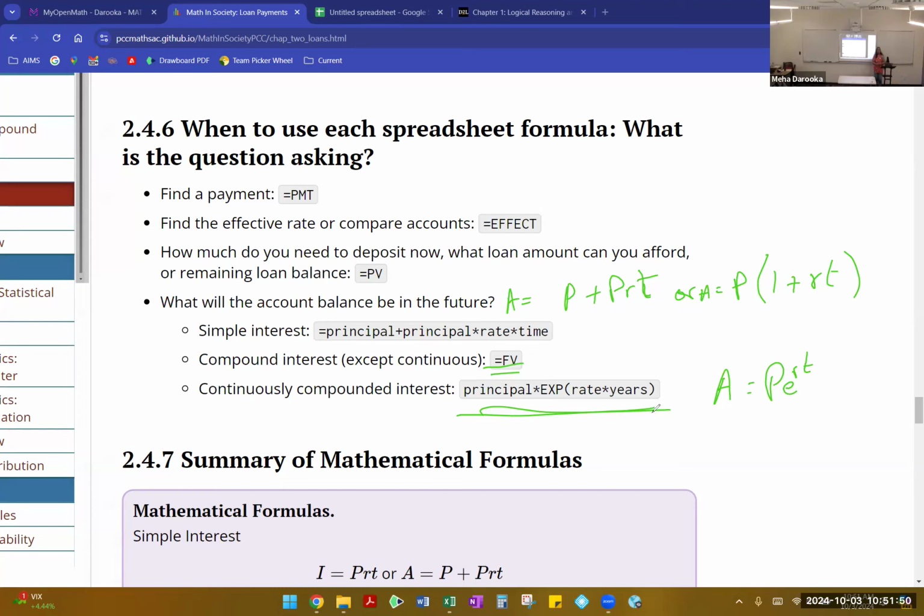But I would definitely make sure that you have the formulas written down somewhere, or at least you know what I'm supposed to type into my FV, PV, PMT functions. Just knowing the name of the function is not going to be enough. You need to know what those arguments are, what values I put inside those parentheses. Those are some things you definitely need to keep track of.